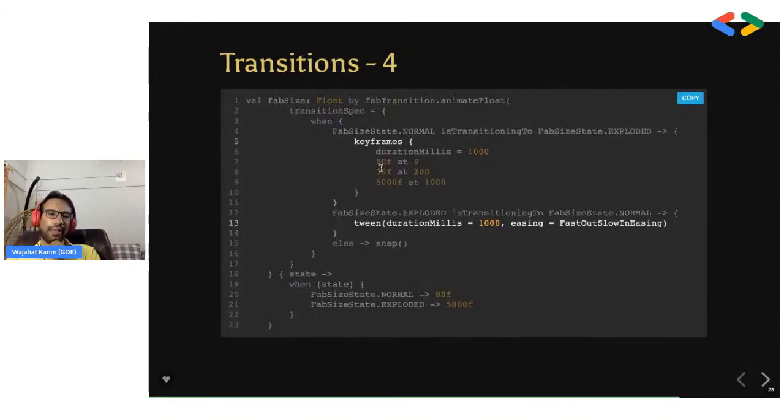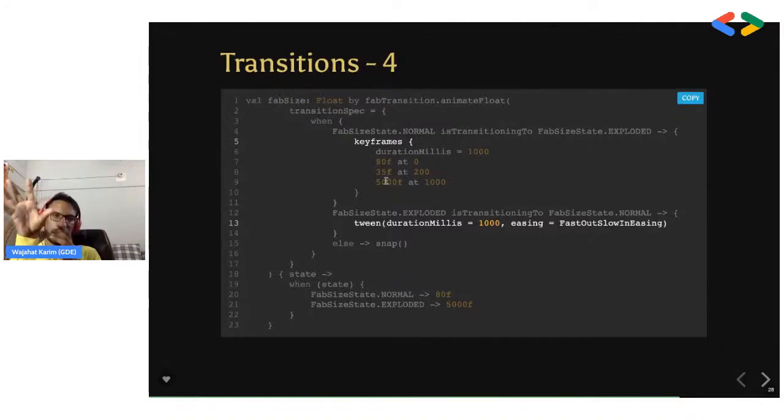Now I'm telling it that it should be 80 at 0, and at 200 it should be 35. So when this animation starts, it's at 0, and when it ends, it's 1000 milliseconds. So you see that I'm decreasing the size at first, and then suddenly I am increasing the size.